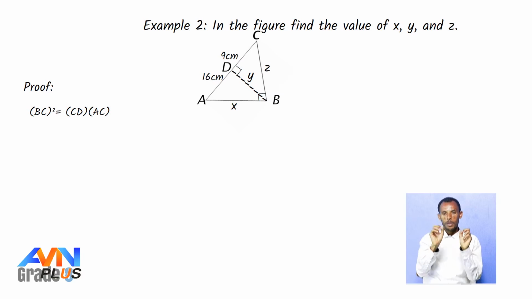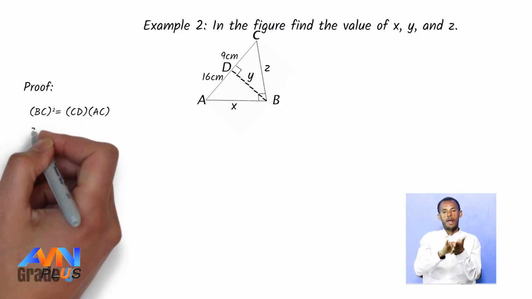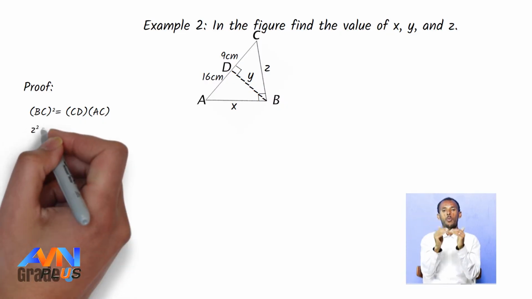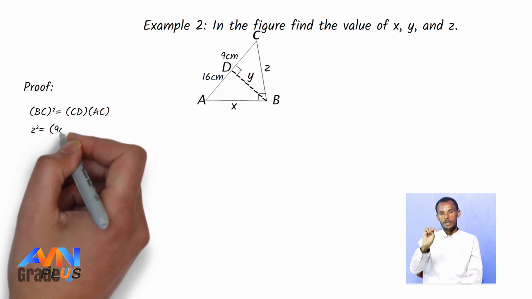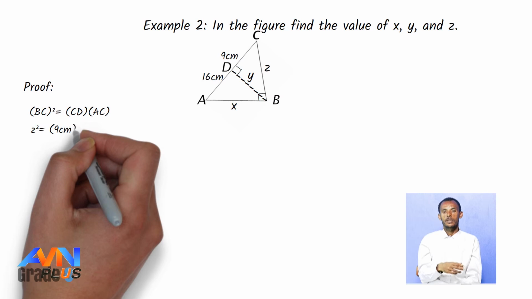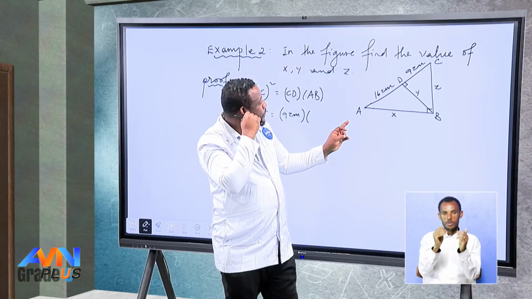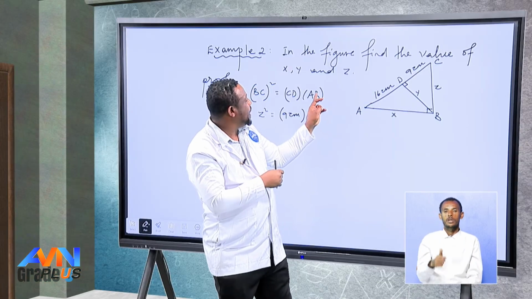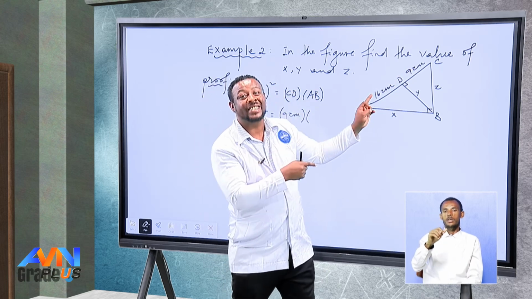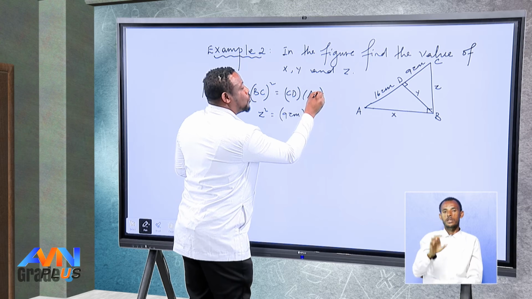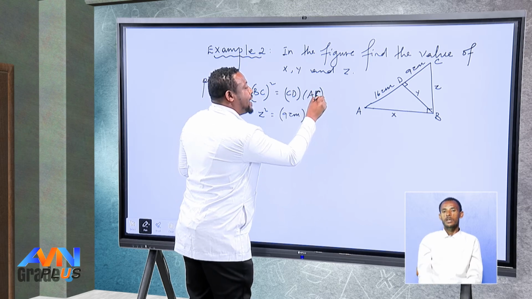Okay, so this means Z square is equal to 9 centimeter times AC. It's not AB here, make it C, okay? Because the hypotenuse in this case is AC. So I need you to correct it in this way. Make it AC.